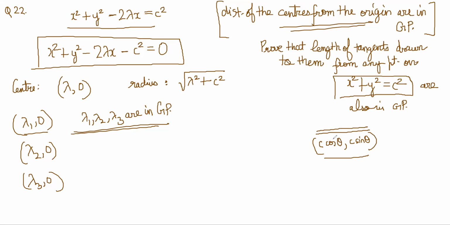From here, length of tangent is what to this circle? What is the length of tangent from this point P to this circle? Suppose it was lambda 1. How do you find length of tangent from any point to any circle? Circle equation is given, point is given. We have to do the same thing we did before, right?